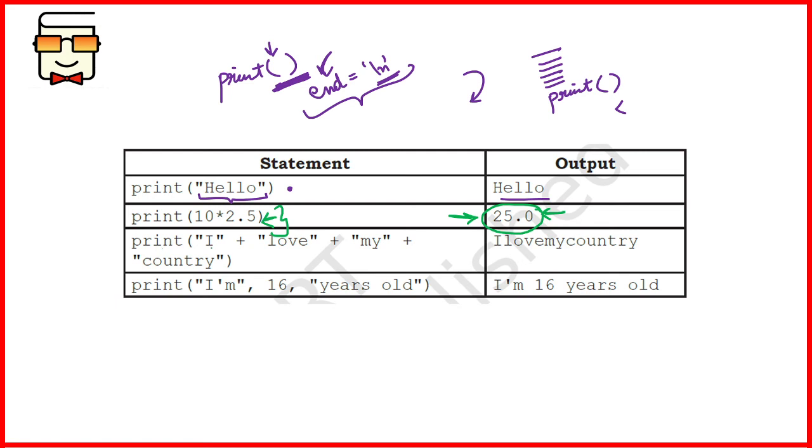Now we have print I plus love plus my plus country. Now this is a concatenation operator which is joining all these strings together. In this case, the expression will evaluate first.